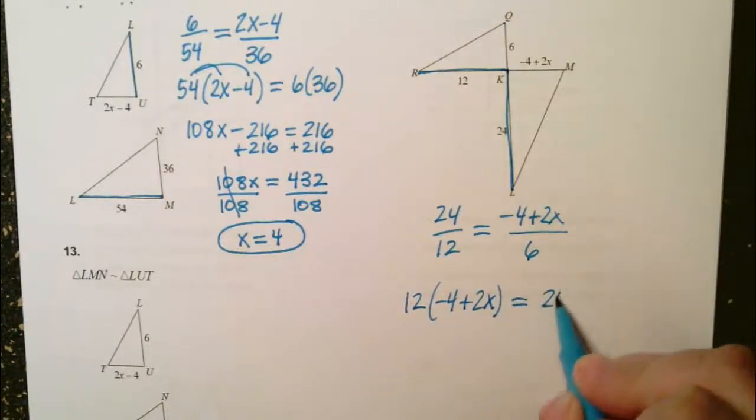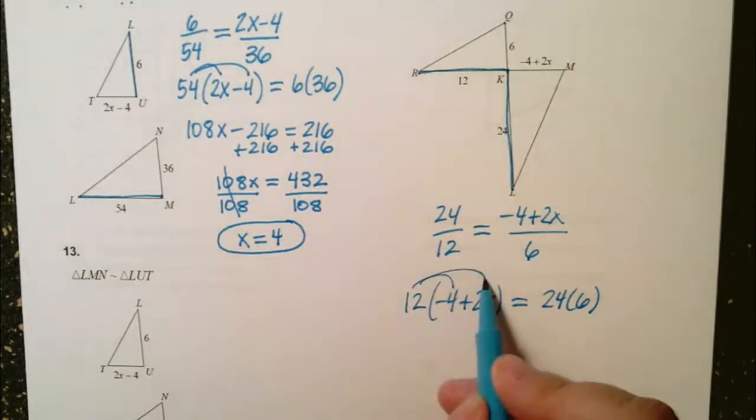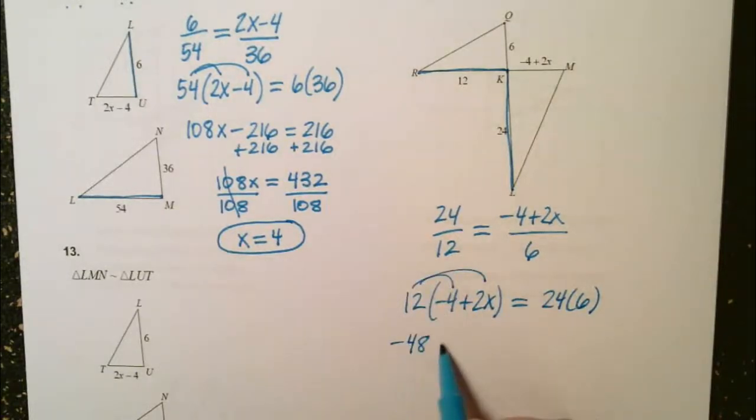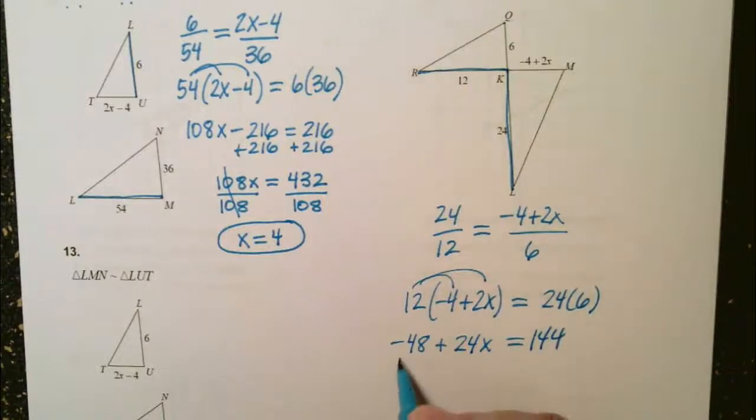Equals 24 times 6. All right. So distribute now. Negative 48 plus 12 times 2 is 24x equals 24 times 6 is 144. I'm getting x alone now, so move everything else away from it.